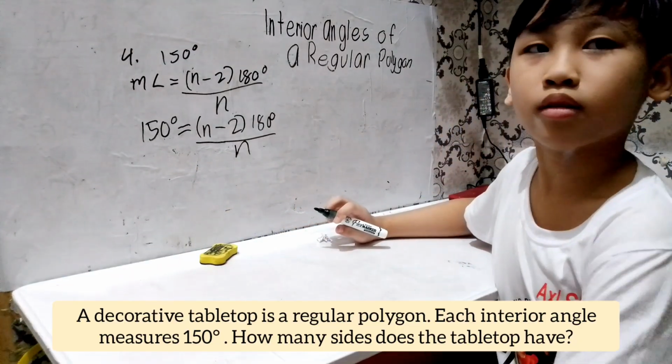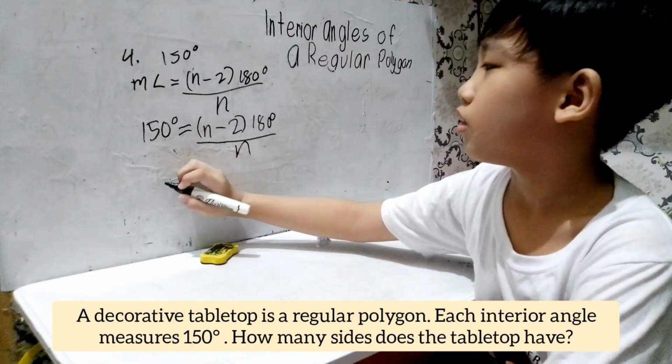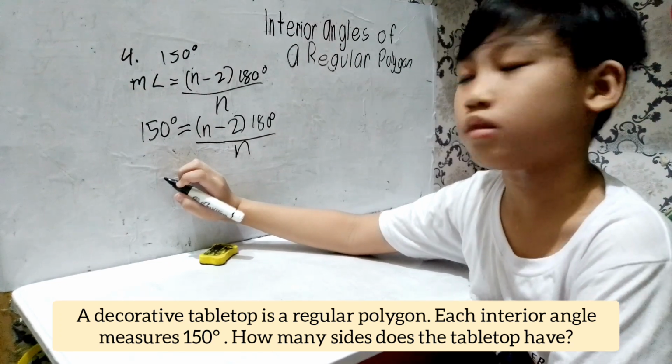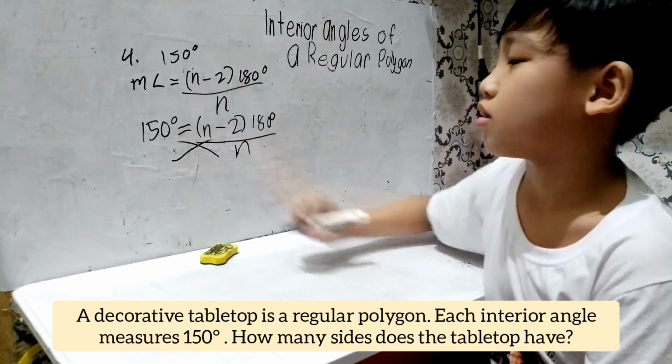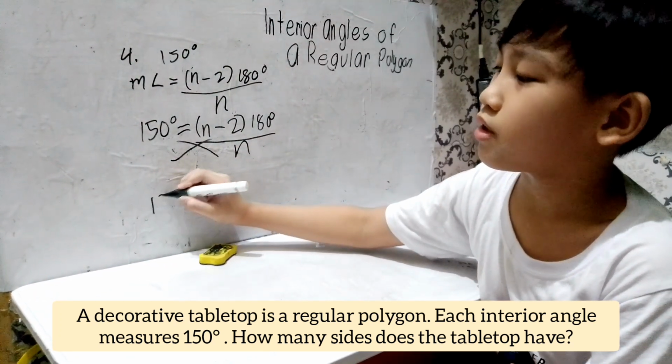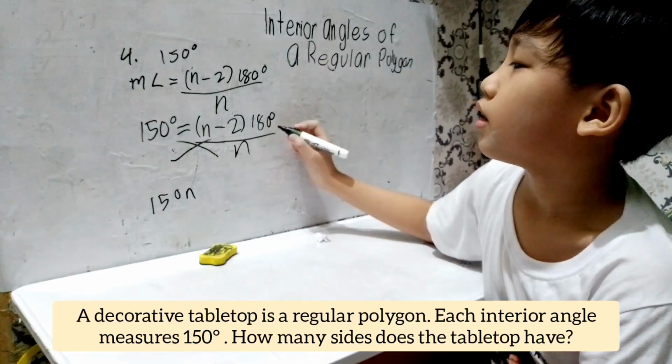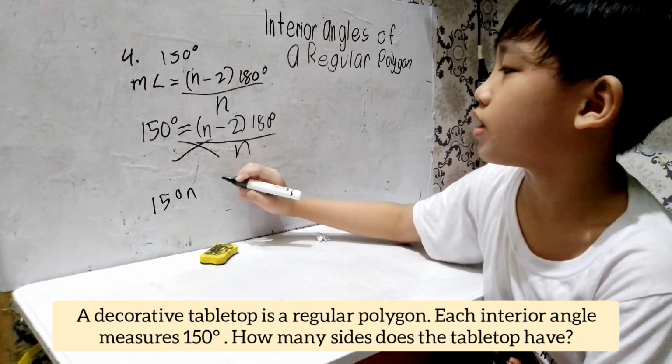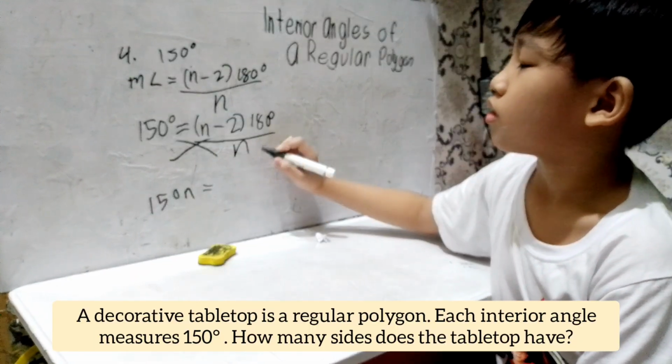What process will you do? It's not cancellation, it's cross multiplication. So this is 150n.